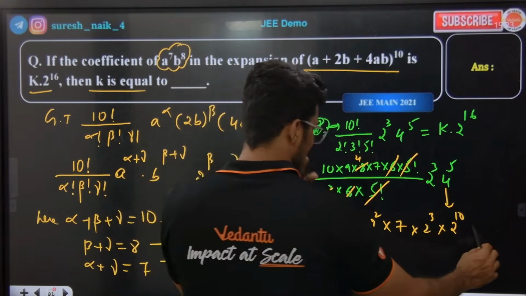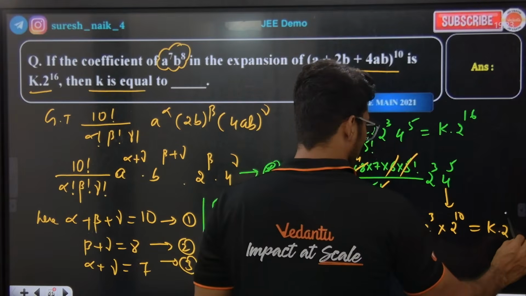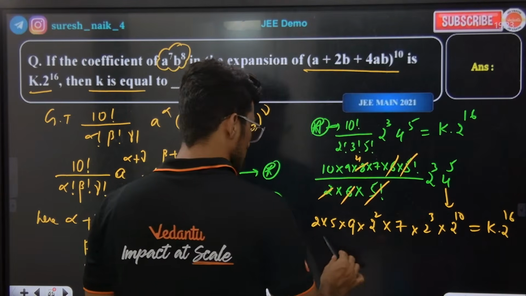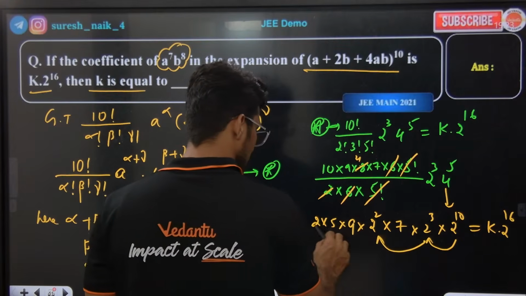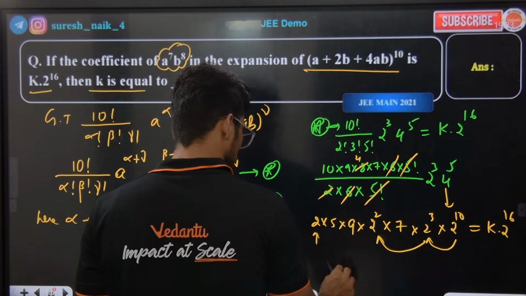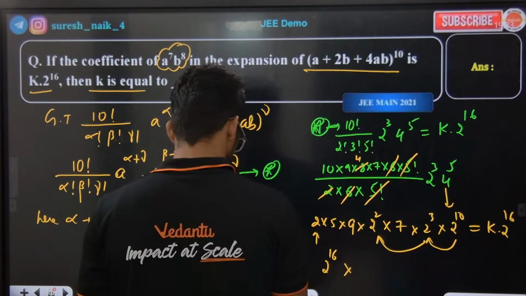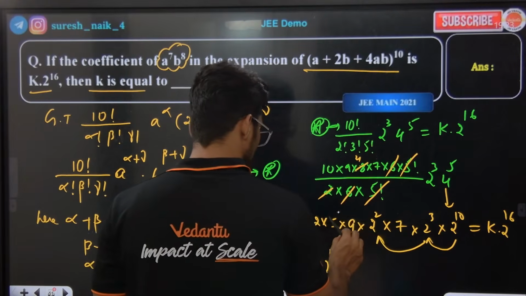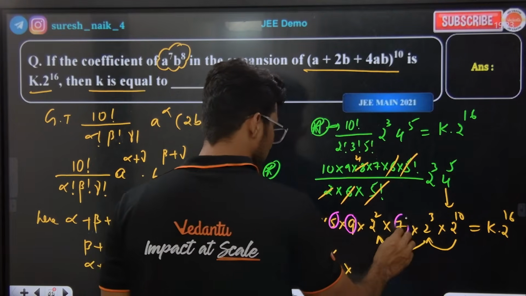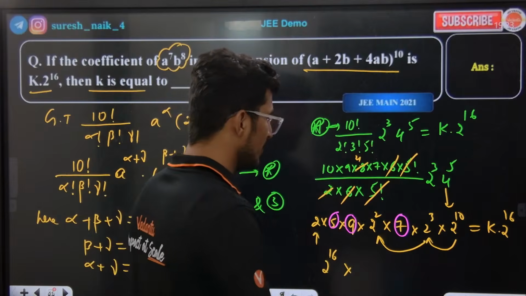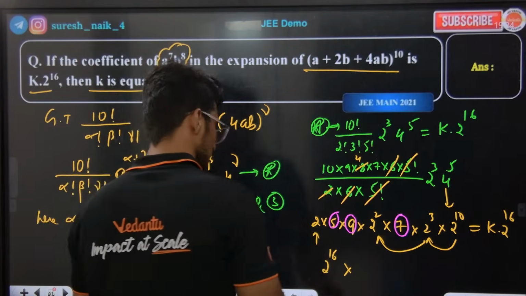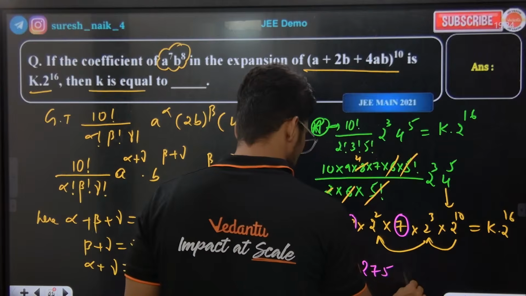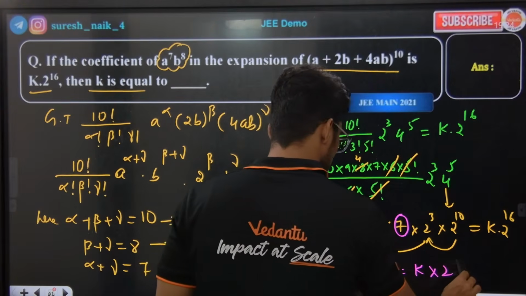I need to convert everything in terms of 2 power of something. So 2 power of 16 will come. Then 5 into 9 is 45, 45 into 7, 45 into 7, 225, 275, 275 is equal to k into 2 power of 16.